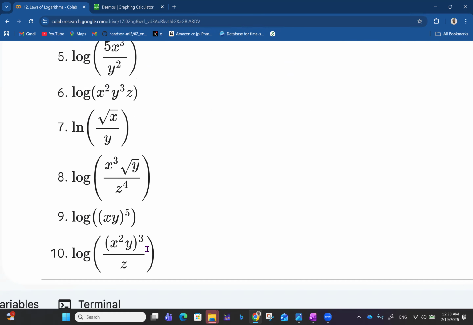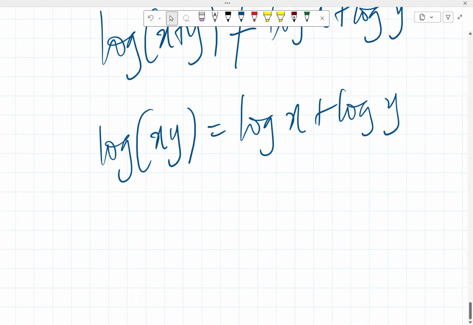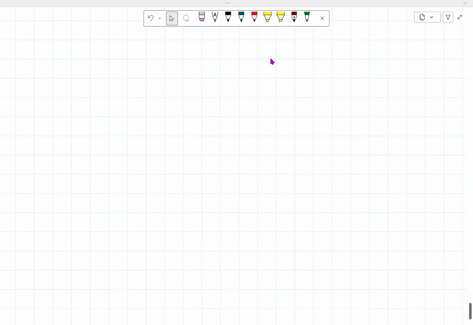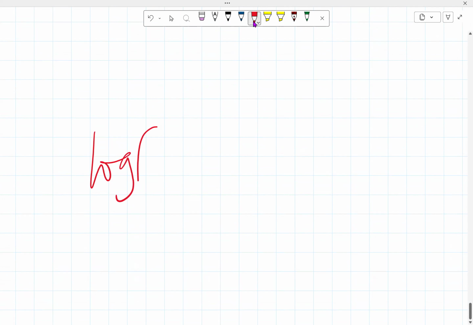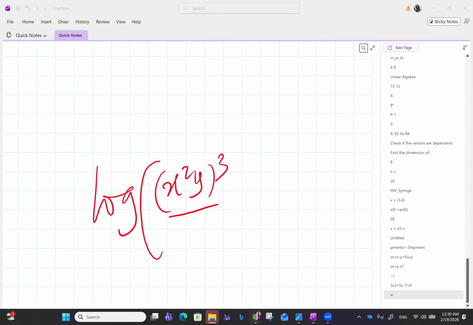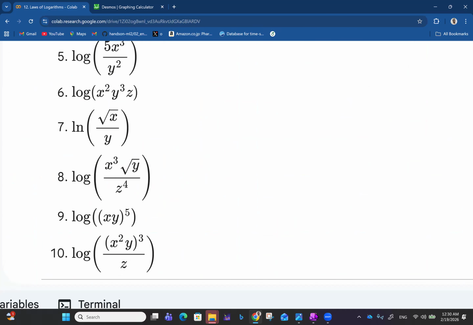We've done something like this before, so not a problem. So we have log of x squared y raised power 3 over z.